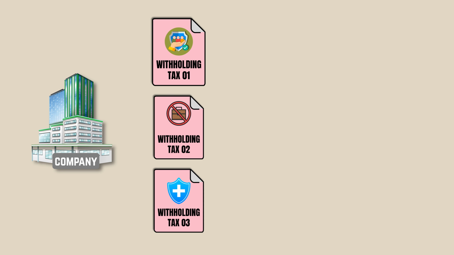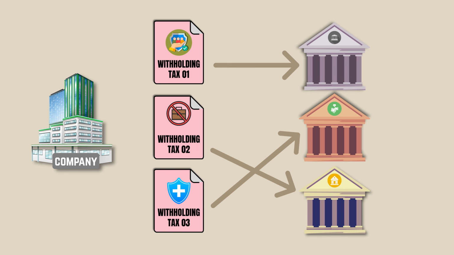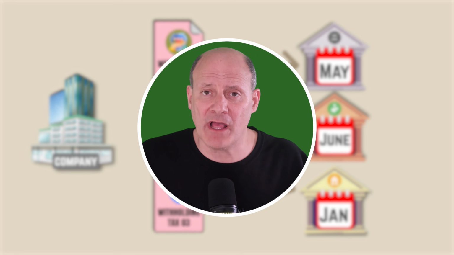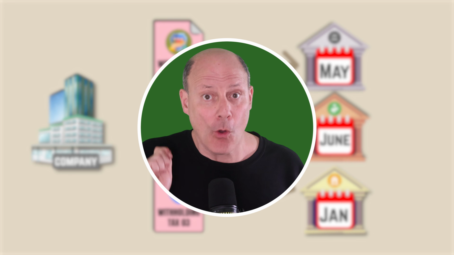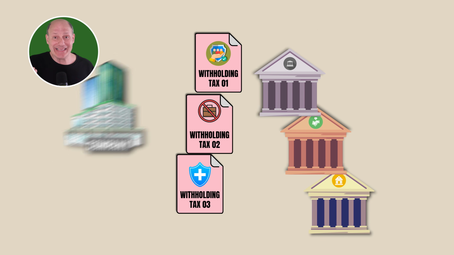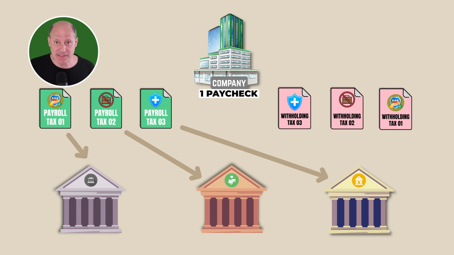So each of these different withholding taxes, again, gets sent to a different department of government, and they get sent in at different times. So think about the requirement on the company at the moment one worker gets paid one check. At that moment, the company legally owes several different payroll taxes to several different departments of government.